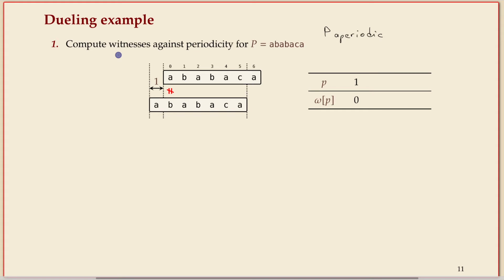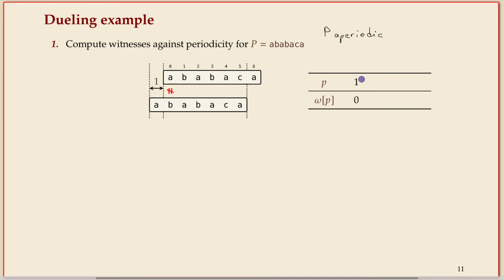And let's first compute the so-called witness table, which is, for all non-periods, what is a witness against this periodicity. You can feel this intuitively. It's not the efficient way to compute it, but it's the manual way to see what's happening. If we shift by 1, then we could potentially have period 1, but we don't have period 1 because there's a mismatch at this position.